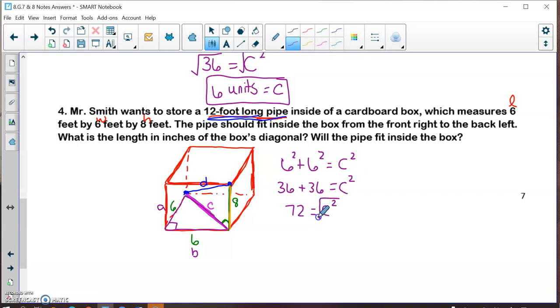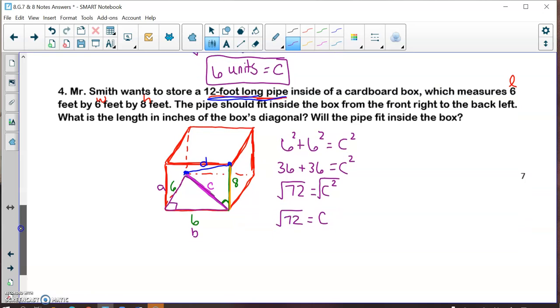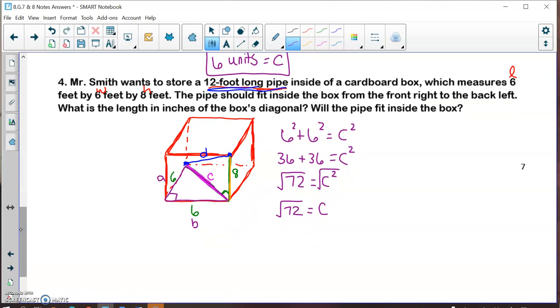Taking the square root of both sides, since this is not a final answer, I do not need to simplify the square root of 72. In fact, it's easier not to simplify the square root of 72. The only reason why we can do that, though, is because this is not a final answer. We will simplify our final answers. So the square root of 72 is C.